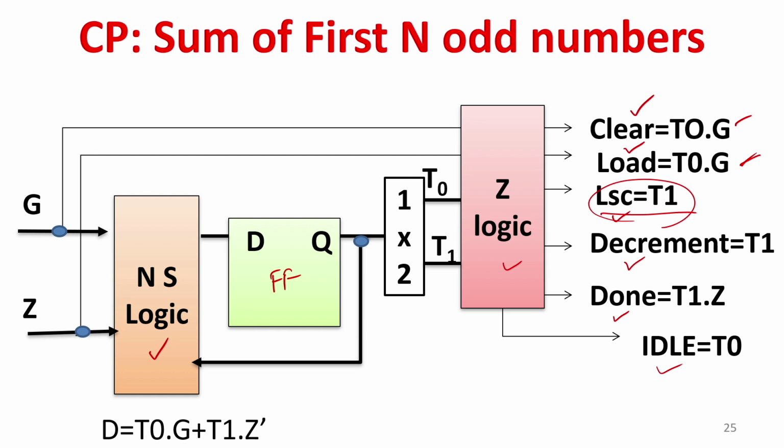So, initially clear, then it will be loaded, and for every compute cycle, whenever in T1 state, it will be loaded, then decremented, and once it is done, the output things are done, and it will go to the idle state. And what is the idle? If we are in state T0, then it is idle state.